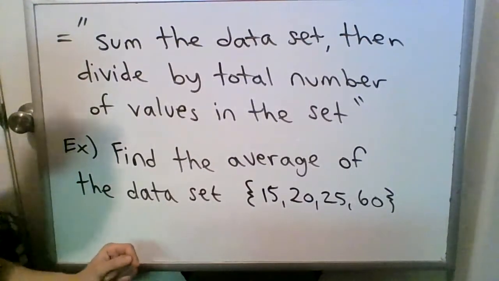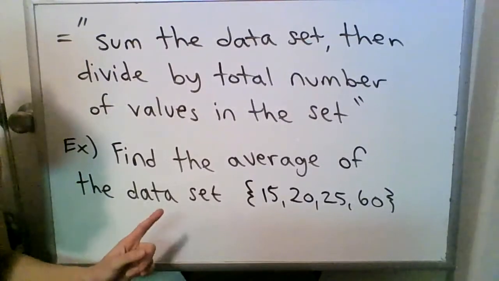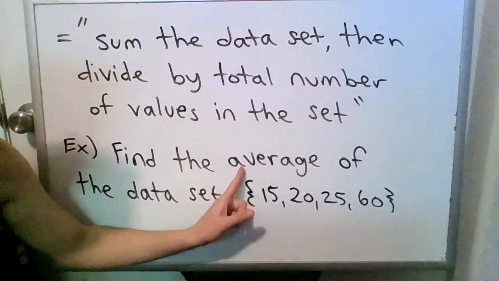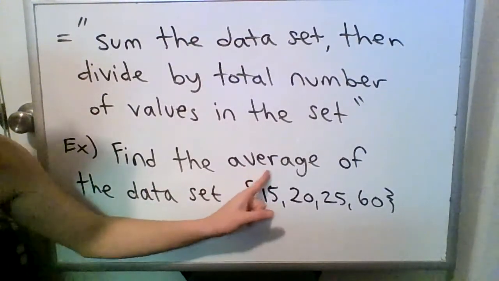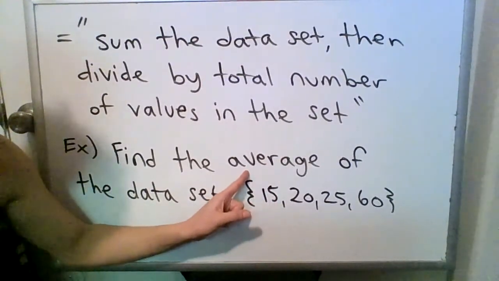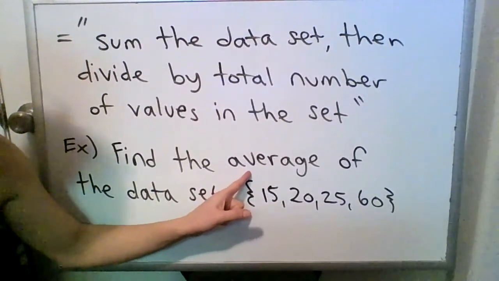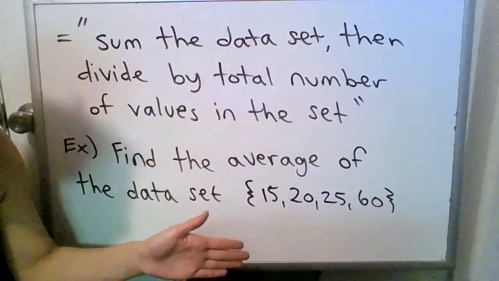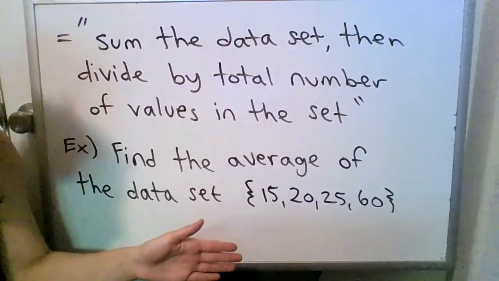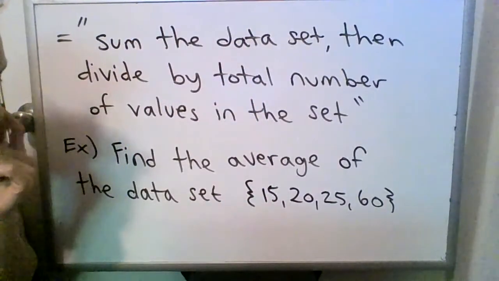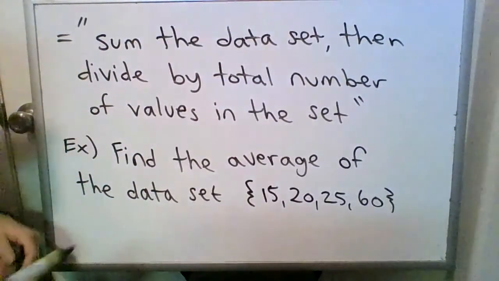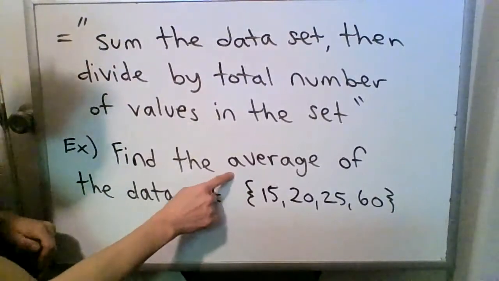And when we draw a graph, let's say for a histogram of a data set, and then we find the average, it will show us sort of where the center of the data is. So it is a measure of center for your data set. Again, it'll be more clear when we draw our graphs and label the mean.